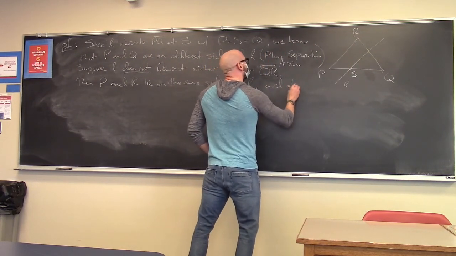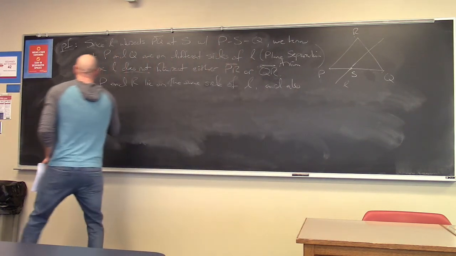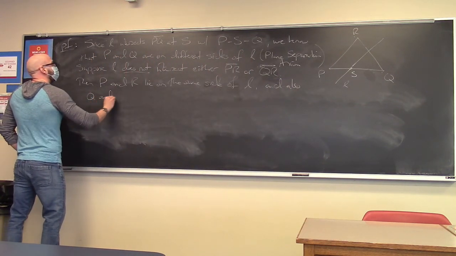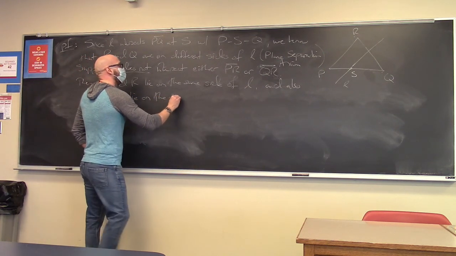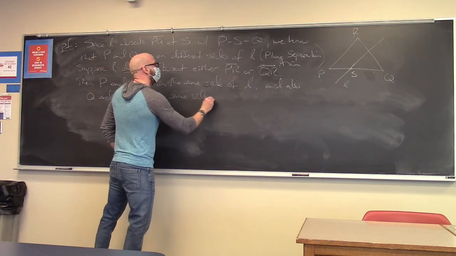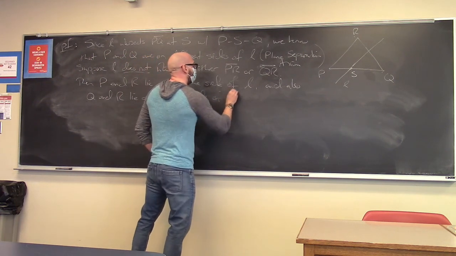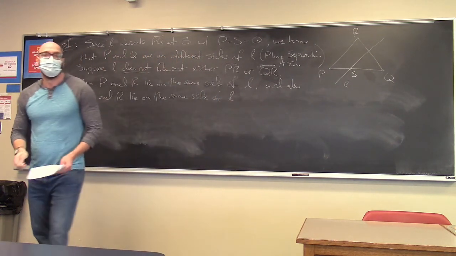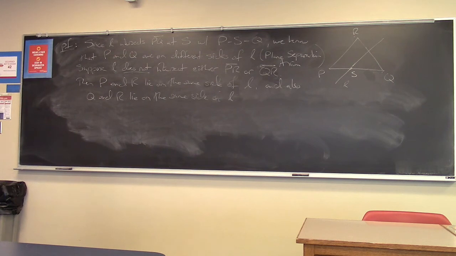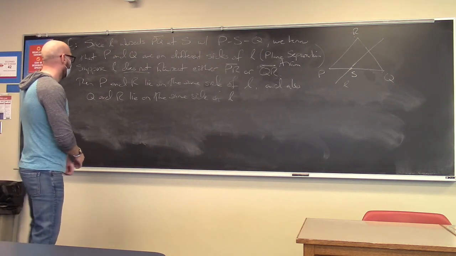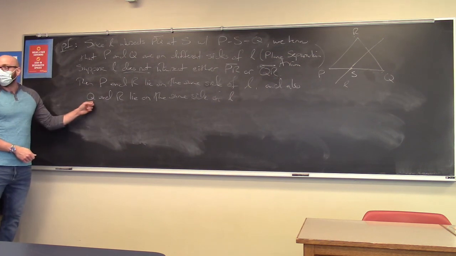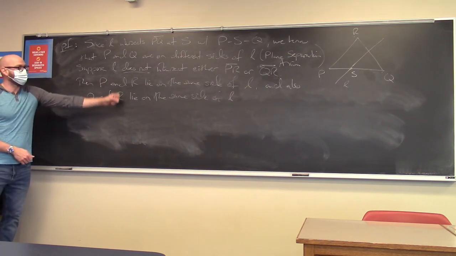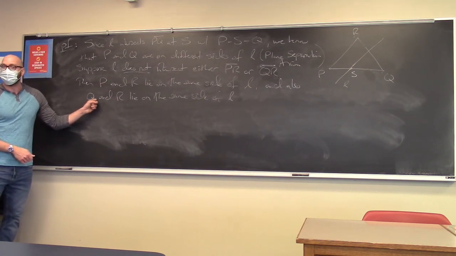And also Q and R lie on the same side of L. What does that mean though? That means P and Q. Since they are both on the same side as R, P and Q must be on the same side as each other.